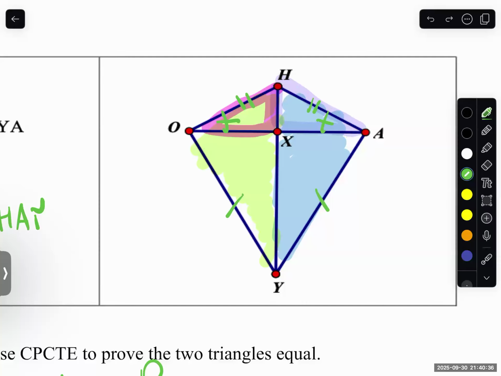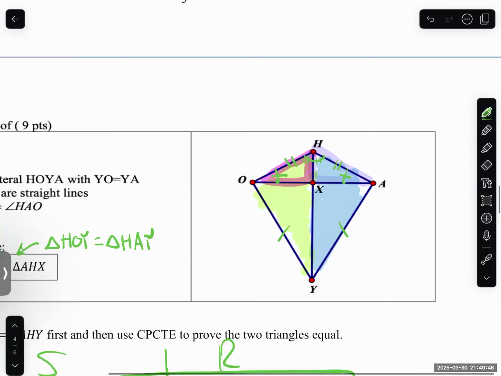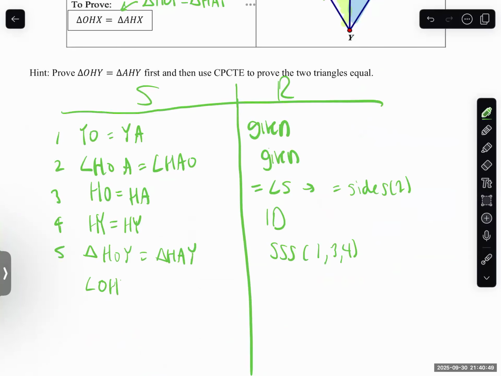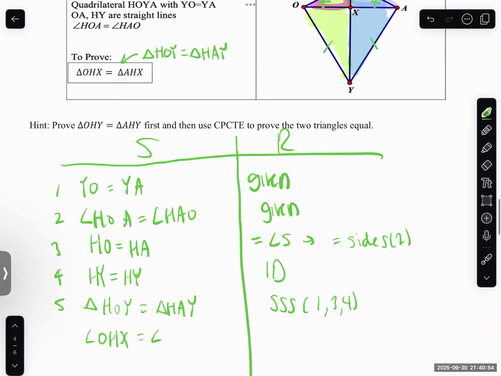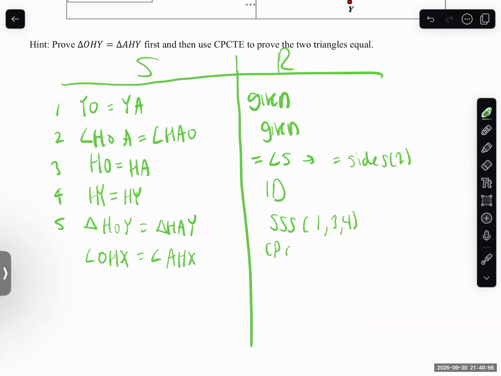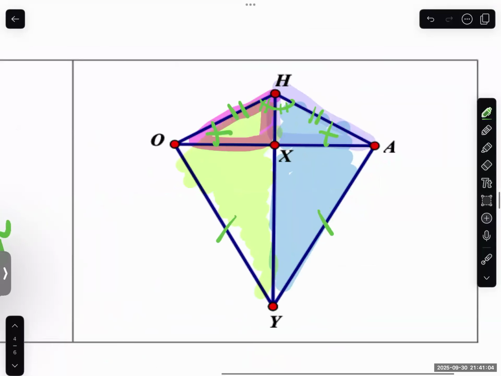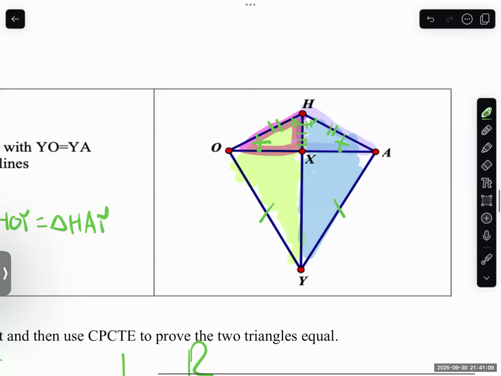Take a few steps back. These are going to be helpful to us because they're part of the little triangles that we want. So I'll go ahead and mark those equal by CPCTE. And then what that allows me to say, once those are equal, I don't know ASA yet, but I can ID this, HX, and there's my side, angle, side.